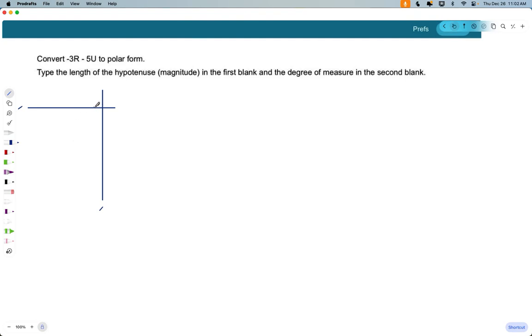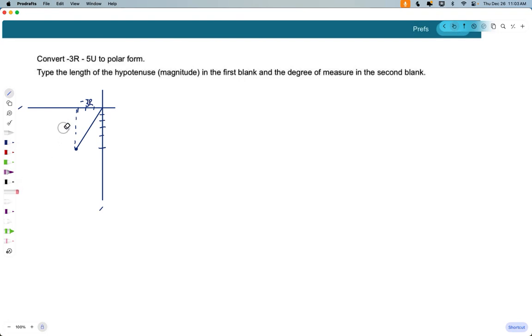So we're going to come over here, 1, 2, 3, and that's negative 3r. And then down 1, 2, 3, 4, 5. I know it doesn't have to be exact. That's where that point is, relative to the origin and the x-axis at the same time. So that's down 5 and to the left 3.